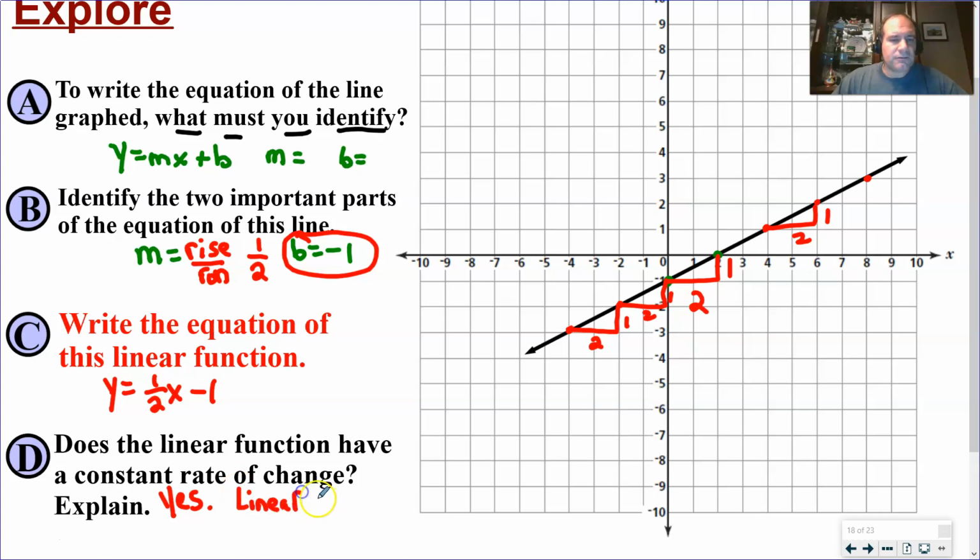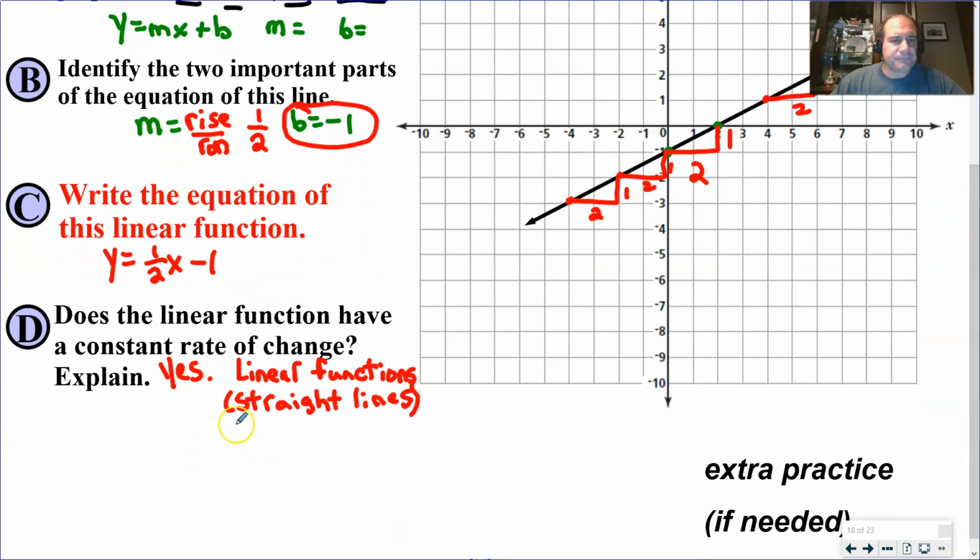Linear functions, and you can put straight lines, have the same slope throughout the line.